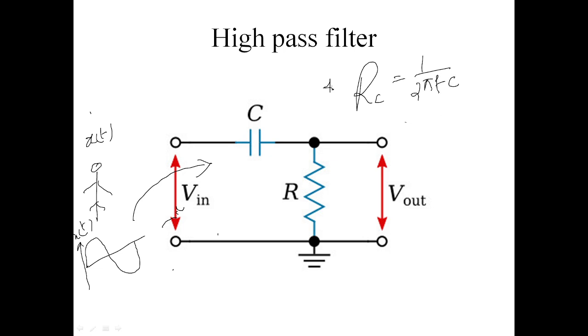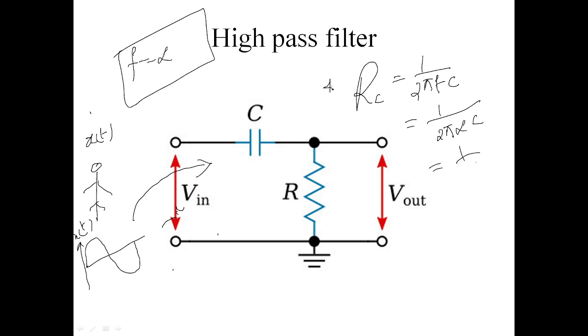Here I am assuming we are giving a high frequency, just assume the frequency F is infinite. Therefore 1 by 2 pi F C, with F infinite multiplied with the capacitance, is 1 by infinite, which is equal to 0. So the reactance of the capacitor is 0 ohms.